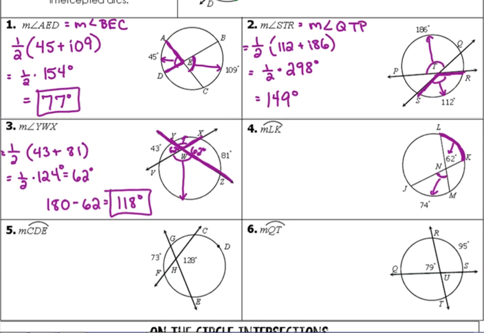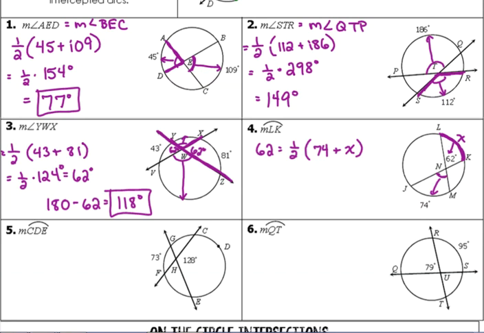So let's see here. What did the relationship say? It said that the angle in the circle, so 62 degrees, is equal to 1/2 of the intercepted arcs added together. So one of the arcs we know, 74. The other arc is what we're looking for, so I'm just going to use an X. The angle inside is equal to 1/2 of the sum of the two arcs.